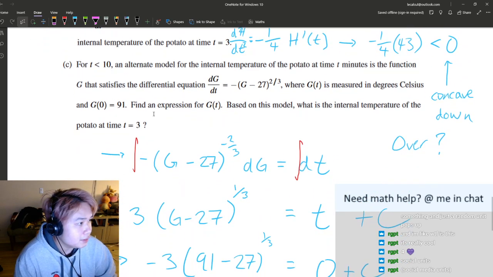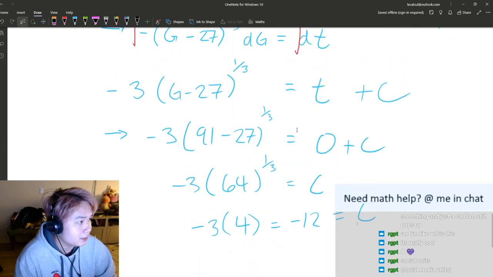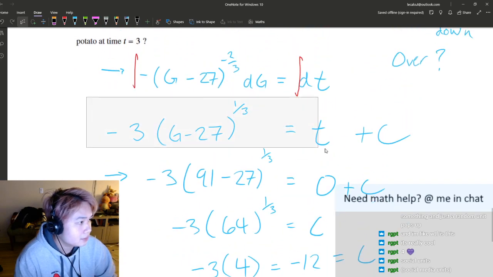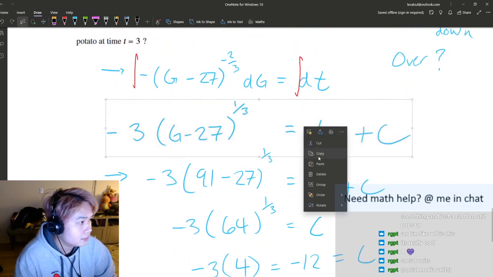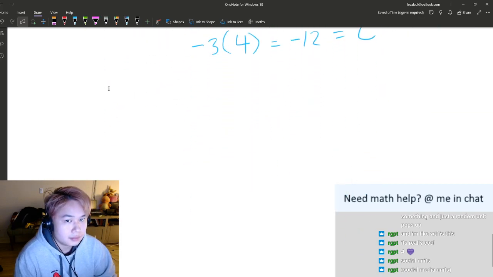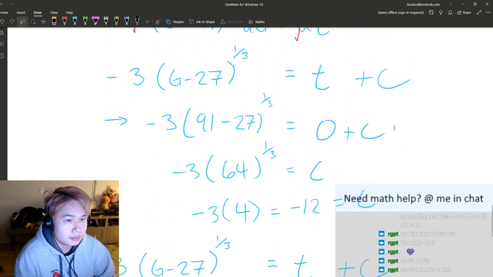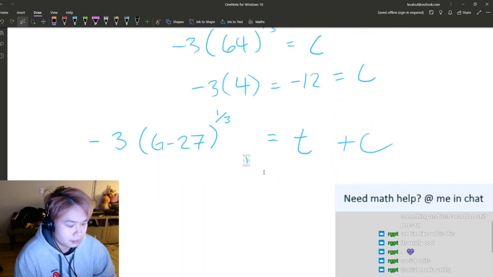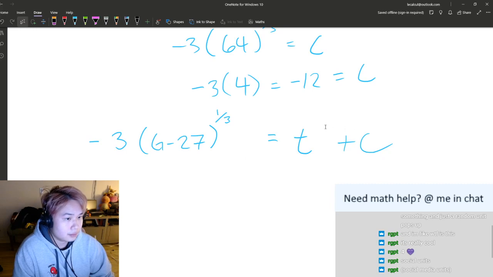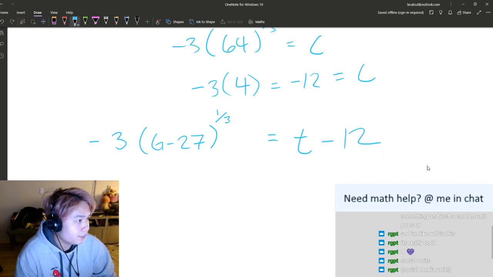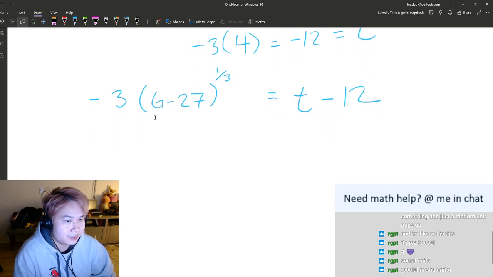And we need to find an expression for G, so now that I know C was subtract 12, I can just isolate for G, right?